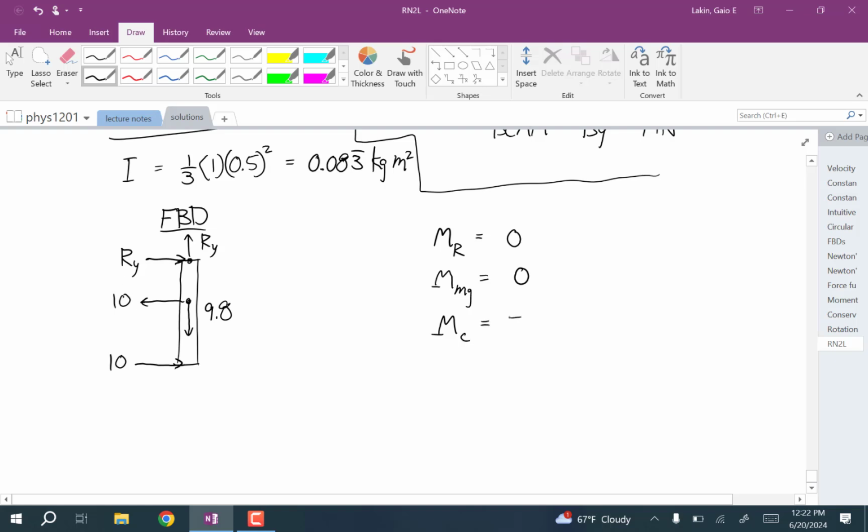That is plus or minus a force of 10 and a distance of half of the length of the beam. You can see that that would make this rotate clockwise, so we're going to take the negative, so that's negative 2.5 newton meters. And then the moment, I'll call it at the end.